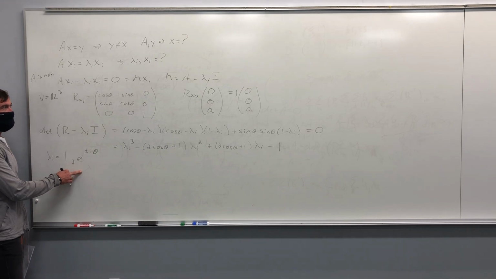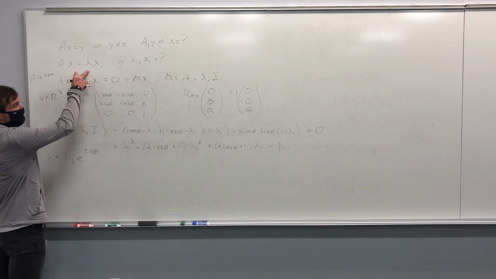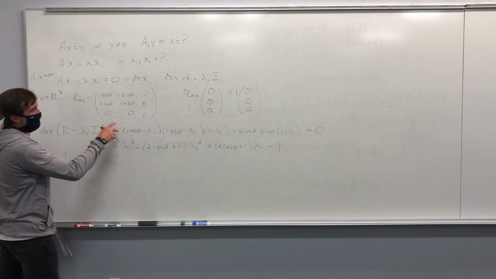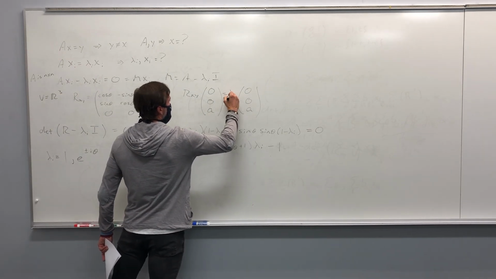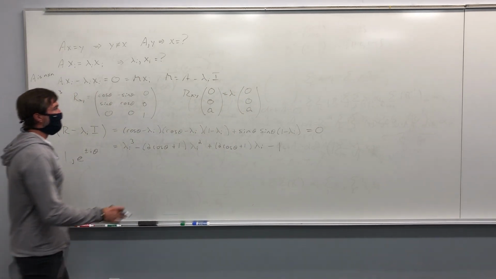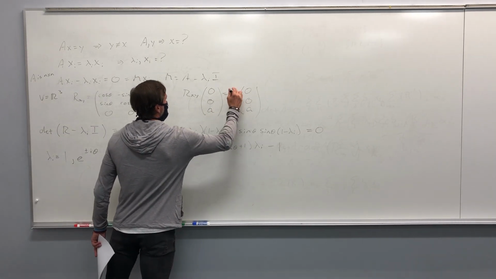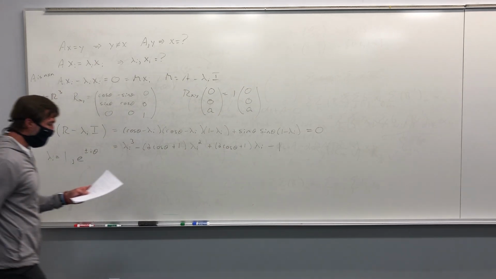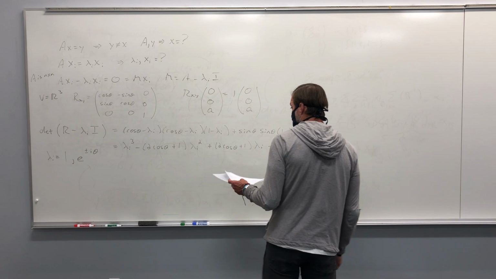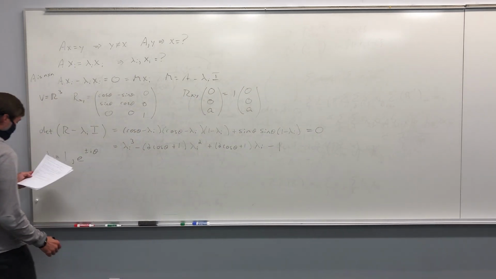So what we can do is take each of them and plug them back into this expression using our x. Oh, sorry. That's the particular one. So we can solve these for the corresponding eigenvectors for e to the plus and minus i theta.